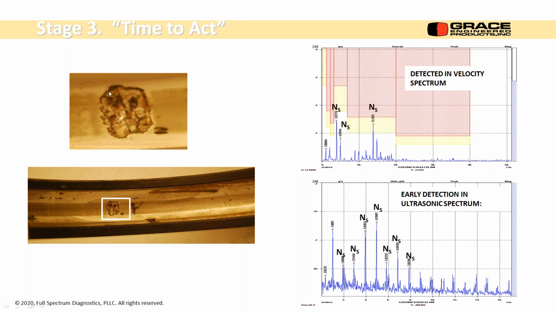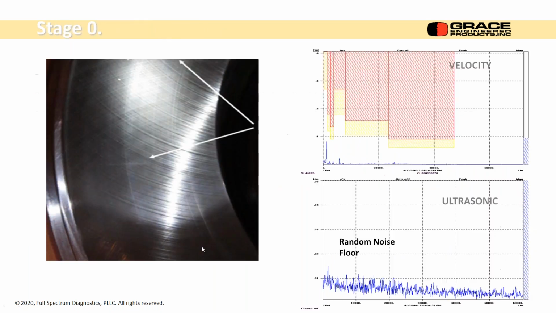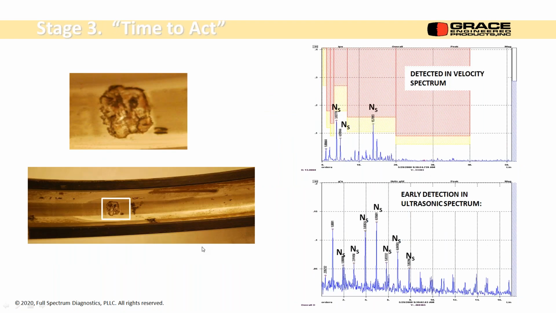So they're deep edges is what you're looking for. This is a serious defect, so the bearing's got a finite lifetime left. Stage 4, pronounced visual damage, visual spectrum defect, harmonics, and sideband modulation. It just goes to pot.